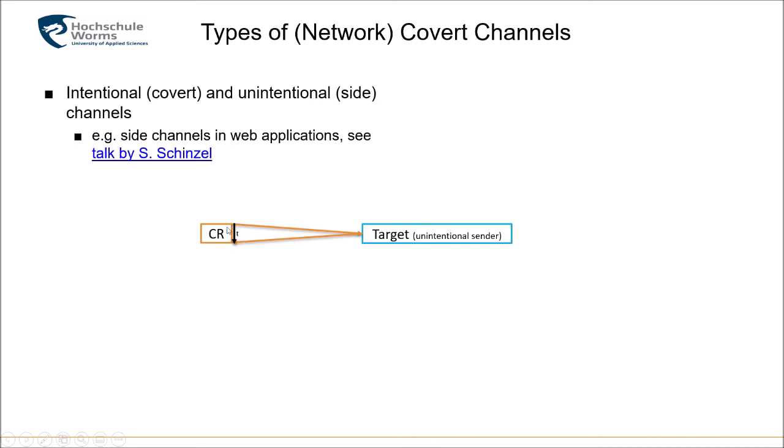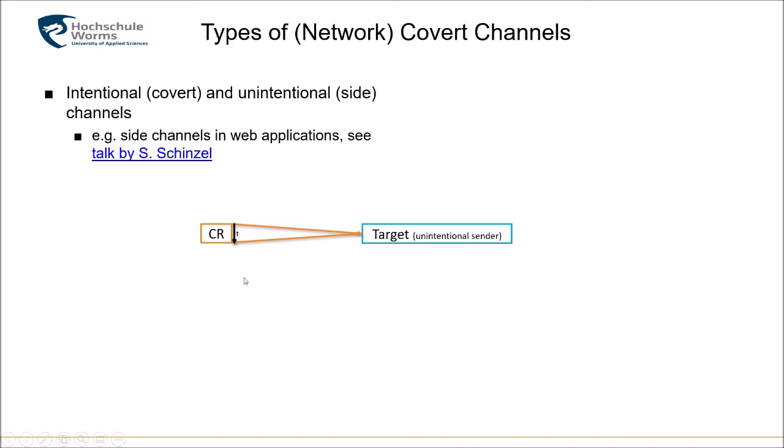If the covert receiver is a web client and this is a database or a wiki, then the covert receiver could send lots of login credentials many times and measure how long it takes for the reply to arrive. And when the reply arrives, the time delta is computed.